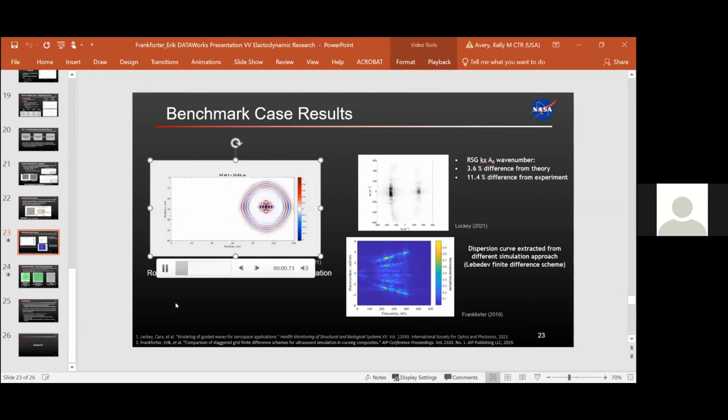We're seeing that in the dispersion curve on the right-hand side. On the bottom right, we have the frequency versus the wave number. We're seeing the left and right propagating values here, and these correspond to the pristine mode on the lower one, and the top is the damage-associated wave mode.